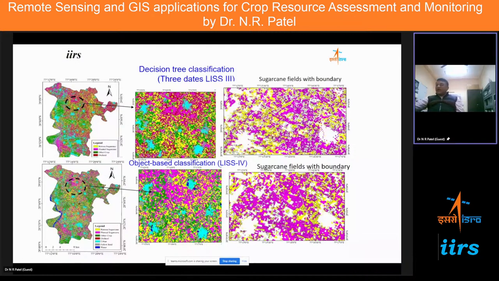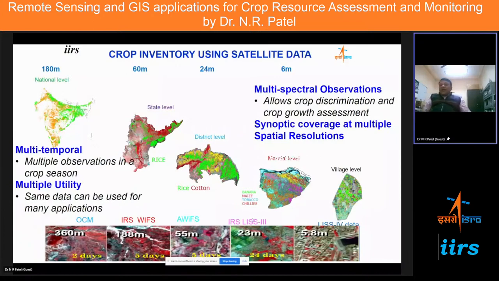Now let's look at how we can decide what kind of satellite data to be used, what kind of information they provide, and what spatial resolution data to be used at what level of mapping. Particularly in agriculture, suppose you need a generalized map of where agriculture area is.